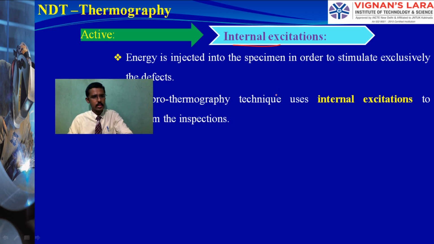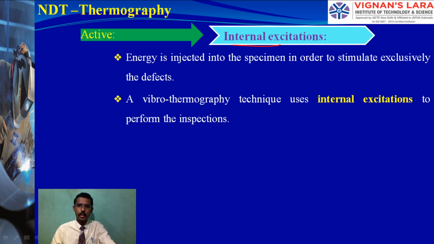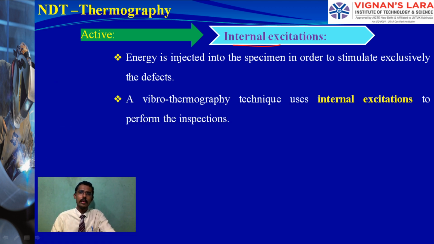In internal excitation methods, energy is injected into the specimen in order to stimulate exclusively the defects. On the other end, the infrared camera captures the thermal variations, the heat distributions or concentration of heat at a point.